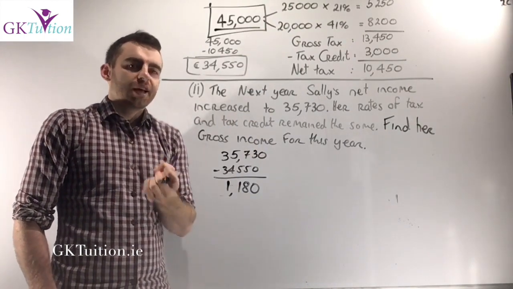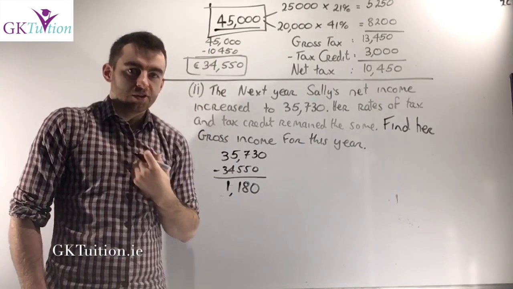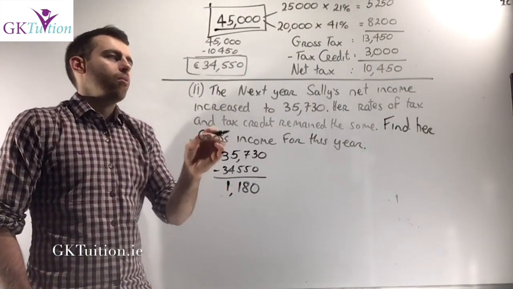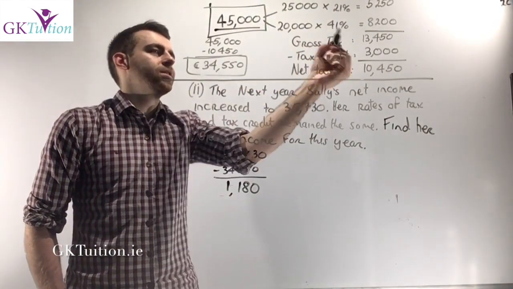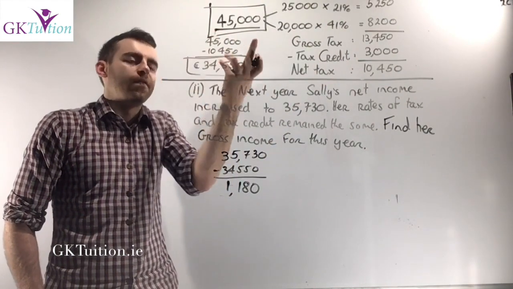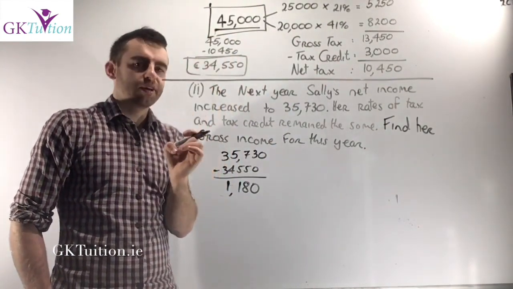Well, clearly, in the second year, the figure will be bigger than 45,000. She's earned more money. I want you to consider what will happen to these two lines if this was bigger than 45,000. Like imagine if this was 50,000 or whatever. The standard rate cutoff point is 25,000.